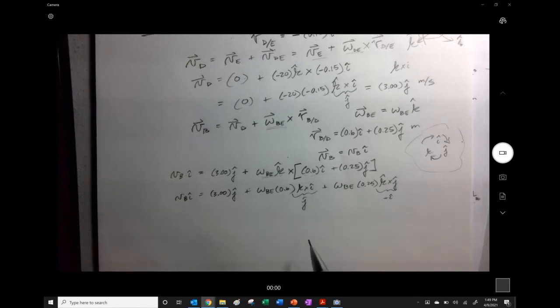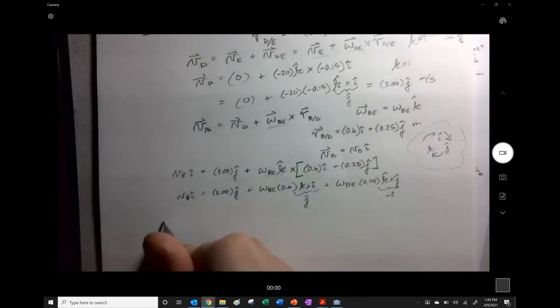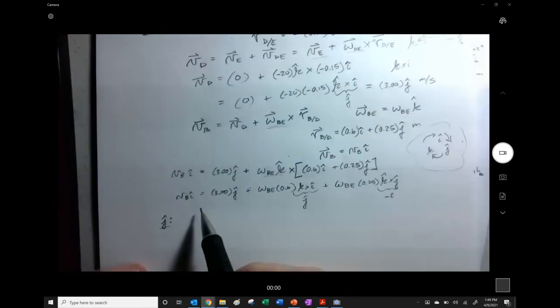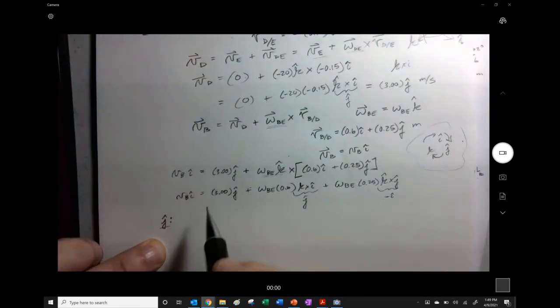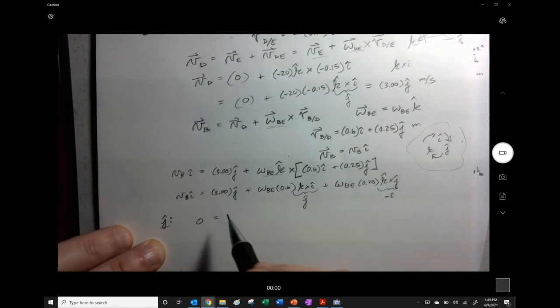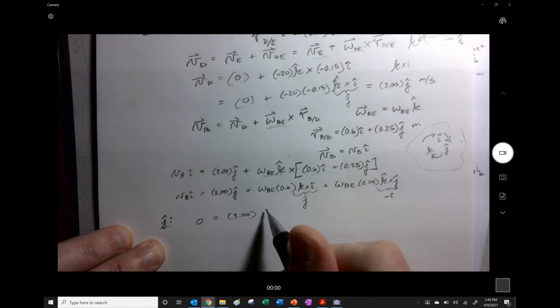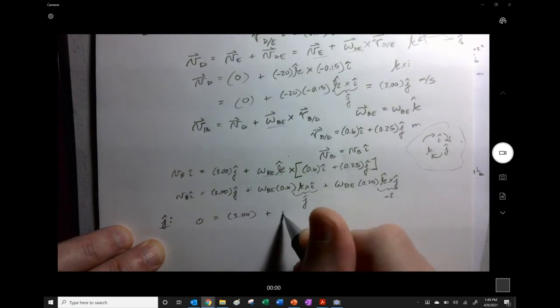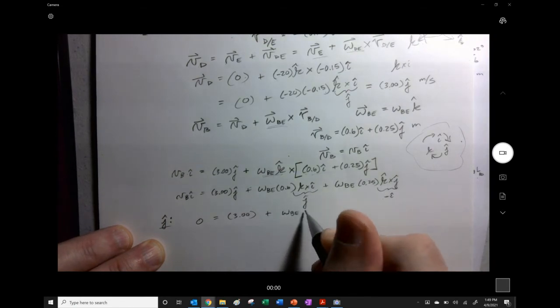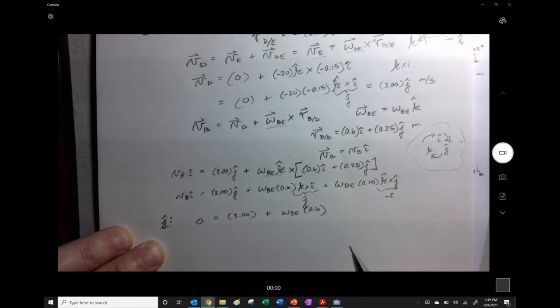You would come up with the same relations. So anyway, we take a look at the J direction of what we just wrote out, and we see we have 0 is equal to 3 plus omega BE times 0.6, because that was the J component right there.